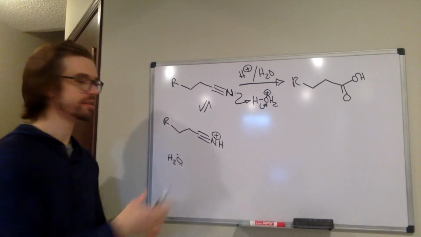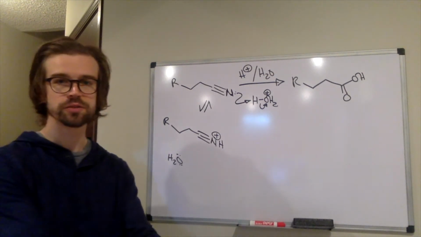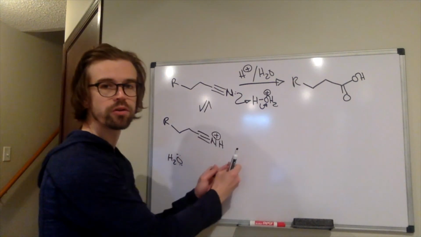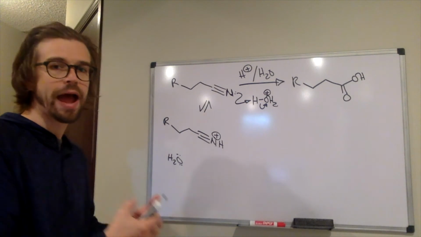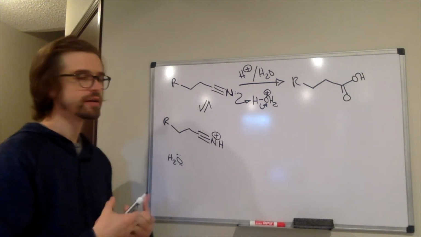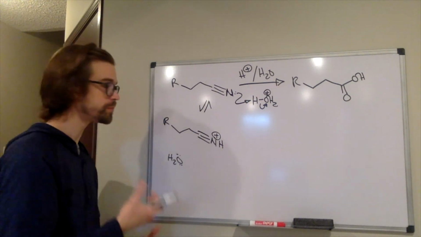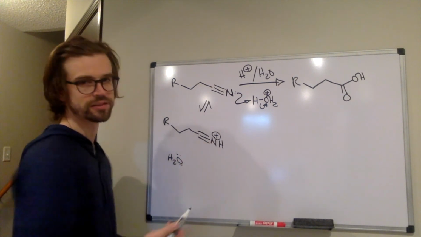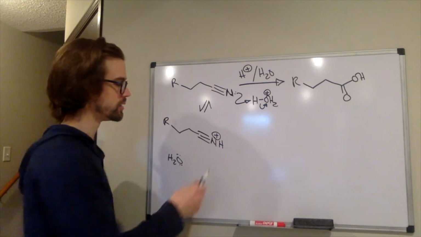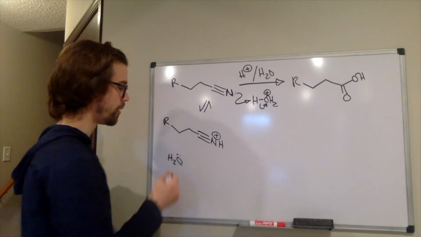That conjugate acid, this nitrogen being positively charged, means that it is going to pull the electron density toward it. It doesn't want to have a full positive charge on it. It's going to ask for the carbon next door to lend some of its electron density to it, and it can do that. And we could even show, if we wanted to, a resonance structure showing that that positive charge is delocalized between that nitrogen and that carbon.